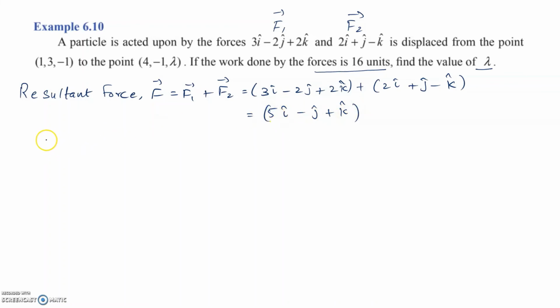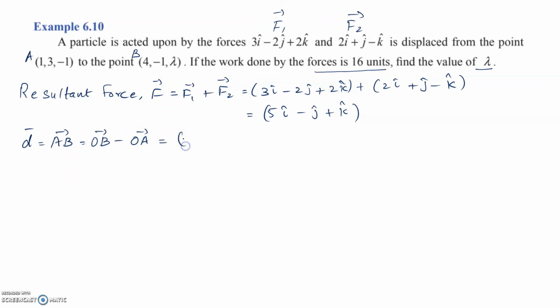Alright. Similarly, if we call this point A and B, our displacement vector would be A to B, and that would be defined as OB minus OA, as we saw in the previous problem.